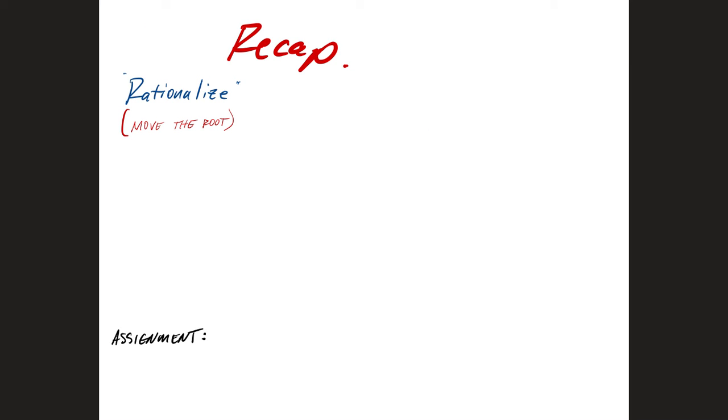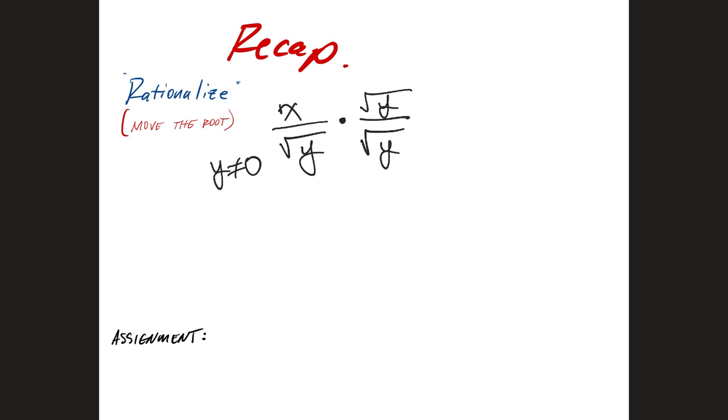So to recap, rationalizing our denominator means we are going to multiply. Let's use our example with letters here that stand for any number except y cannot be 0. We're just going to multiply the numerator and the denominator by the square root of y, the square root of whatever number is down here.